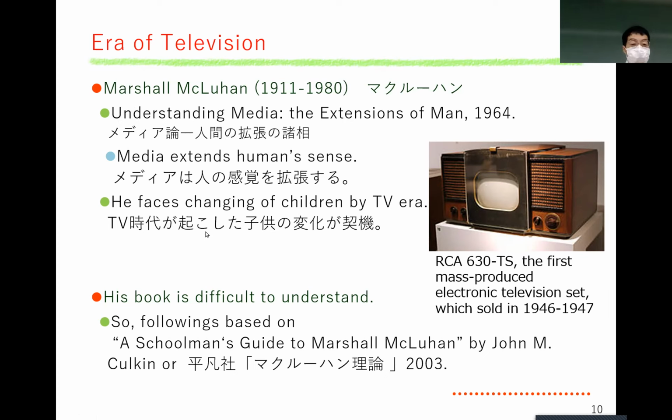His book is a bit not well structured and a bit difficult to understand. So I'll talk about his book based on this one, Schoolman's Guide to Marshall McLuhan by Johan M. Carkin.